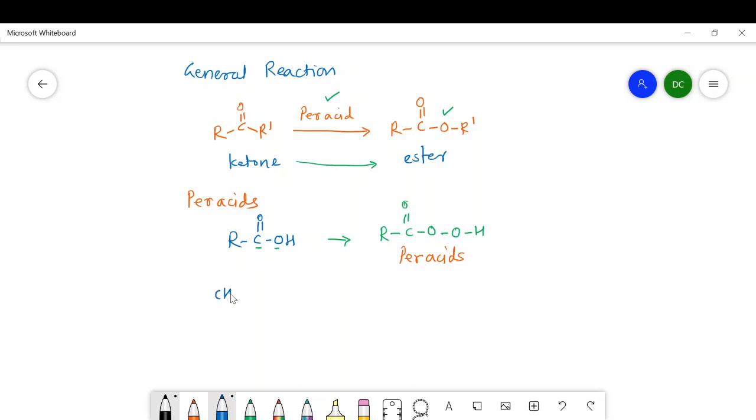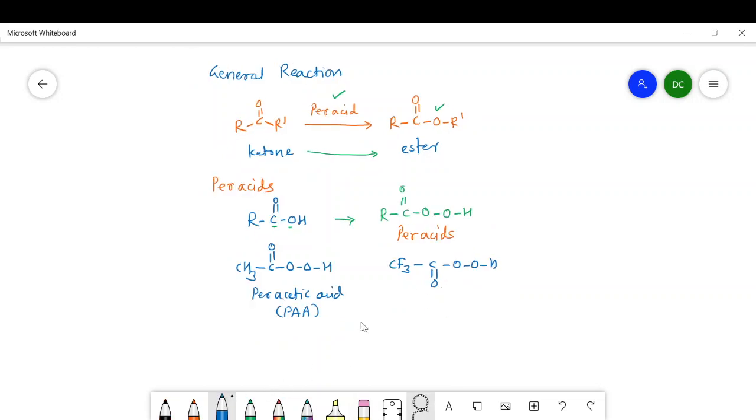When R is equal to CH3, then we get CH3COOOH. It is peracetic acid. If this R is equal to CF3, then it is CF3COOOH.